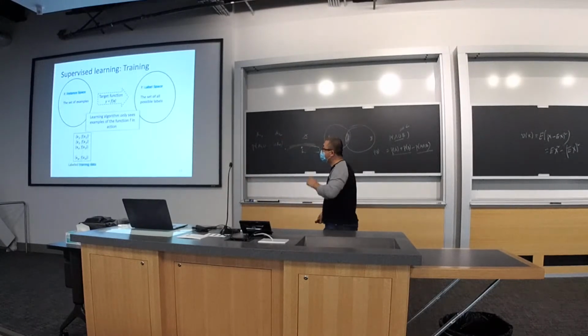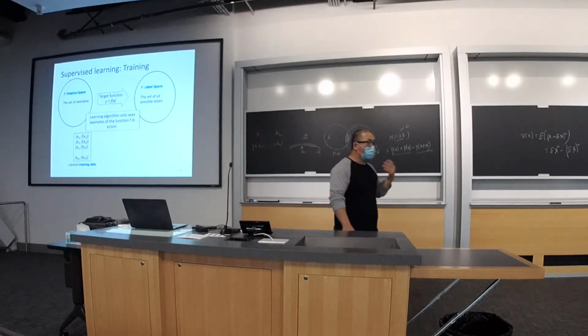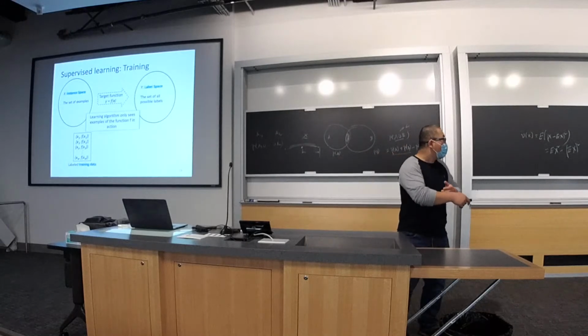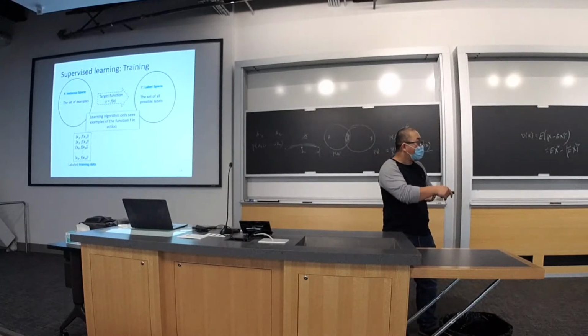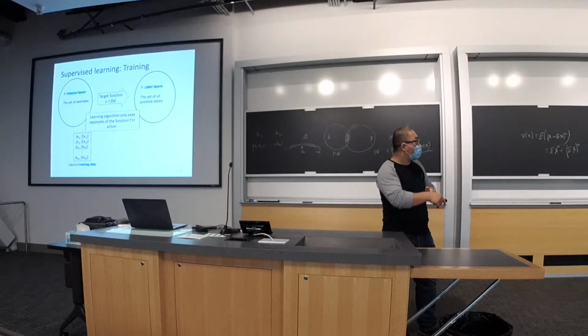But how can we conduct supervised learning? The examples of the function must be in the form of pairs of the instance and its label. So we need to prepare a collection of labeled training data: x1, f of x1, where f of x1 is essentially the label of this instance; x2, f of x2, the label of instance x2; and suppose you have collected n examples.